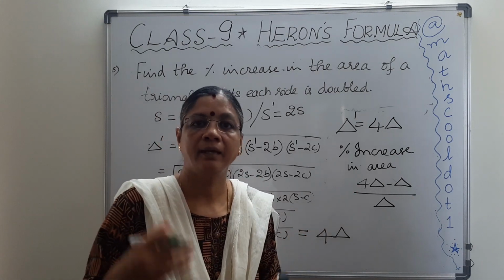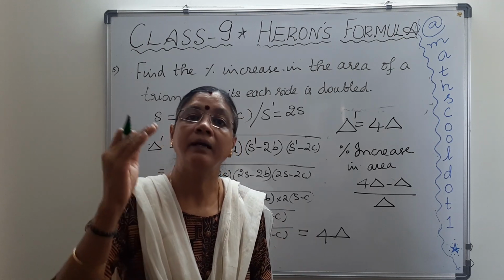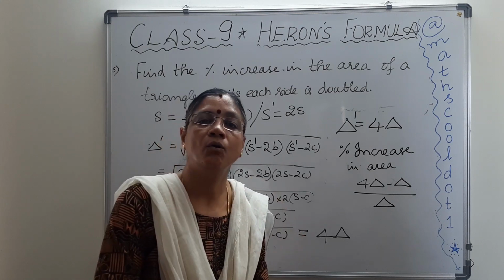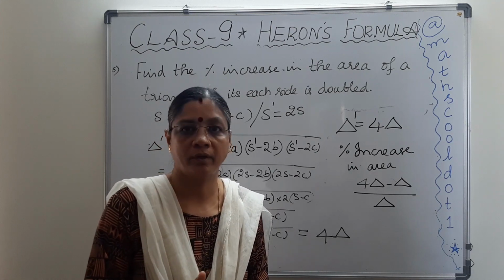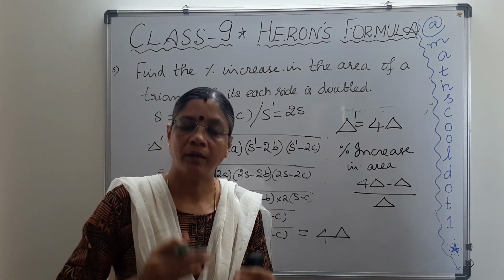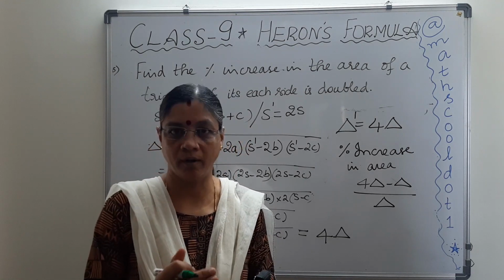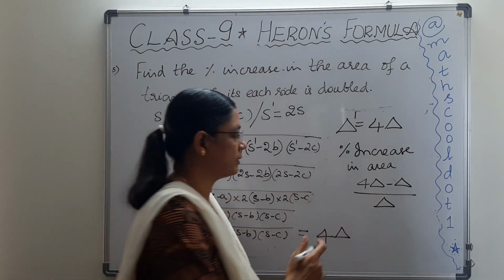If there is a decrease in area, you should put it as original area minus the decreased area, divided by the original. Always you should compare it with the original area, because if there is an increase or a decrease, it will be from the original one, isn't it? So you need to take it with respect to the original.